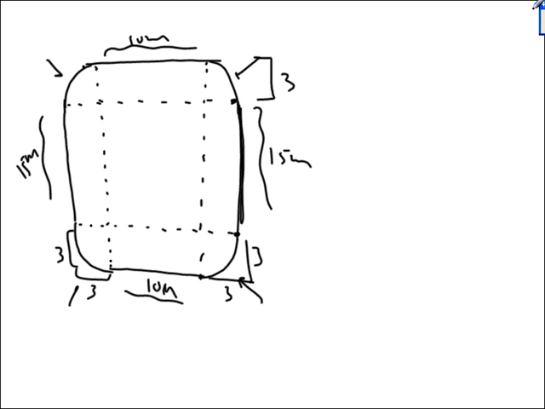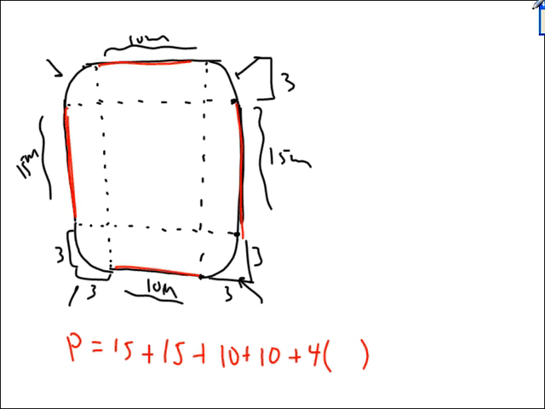Okay, so the perimeter is all the way around. But just remember, the sum of the parts is the whole. We have 15 plus another 15 plus 10 and 10. You want to call it 20, call it 20. All right, 10 and 10. And then you have 4 times this, because there's 4 of them.